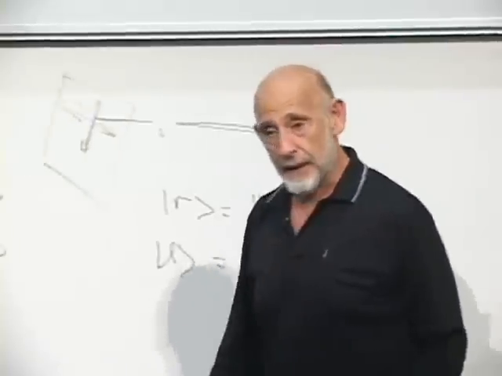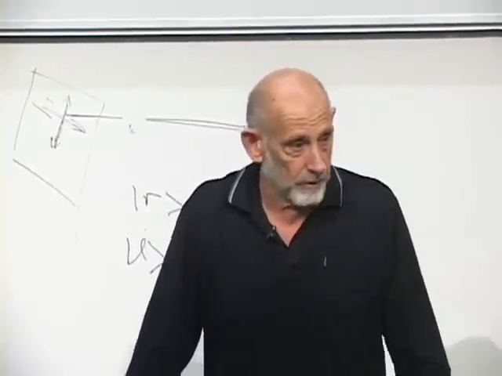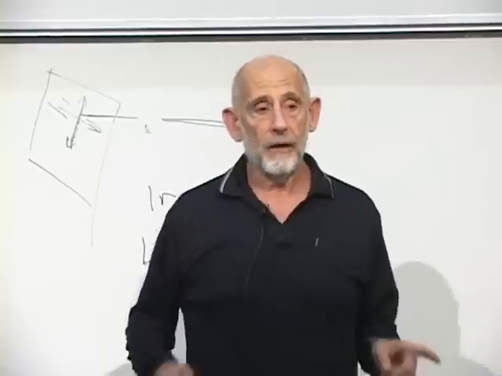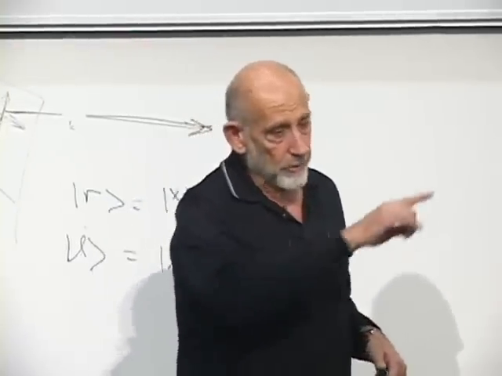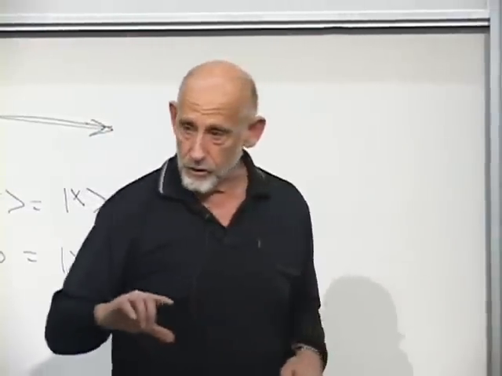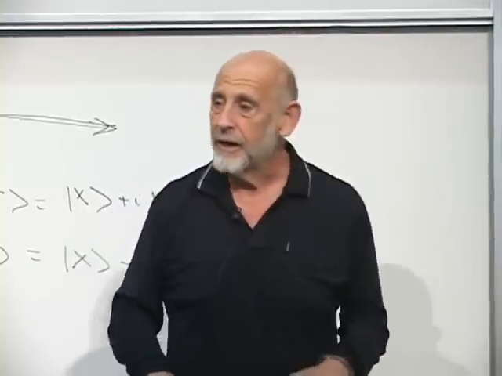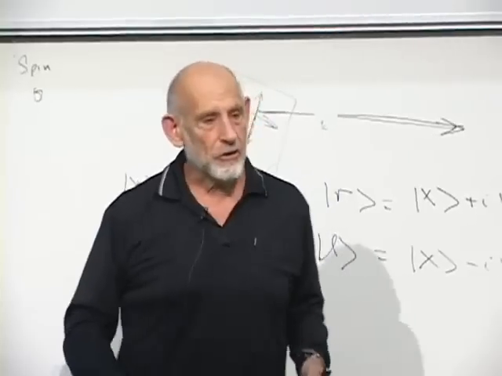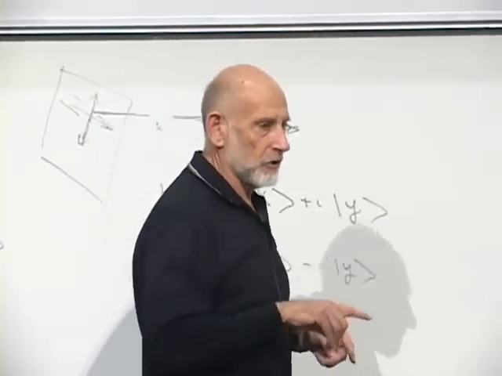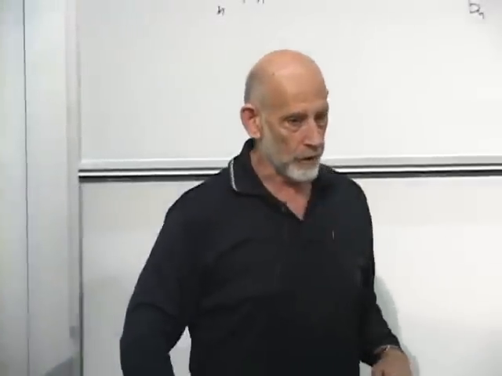Roughly speaking, and this is an analogy I want you to keep in mind, it's a good analogy, and we'll draw on it: a graviton moving down the z-axis with maximal angular momentum, that means 2 units of angular momentum, is mathematically the same as 2 photons, each with 1 unit of angular momentum.